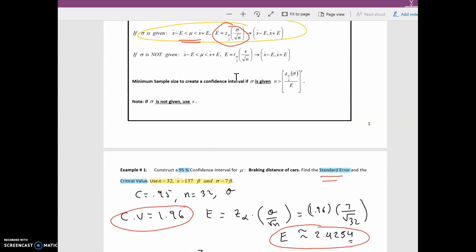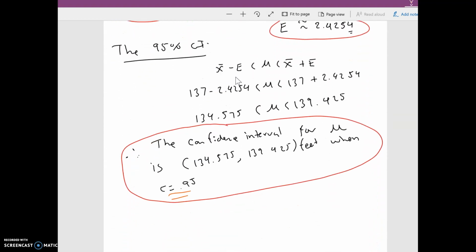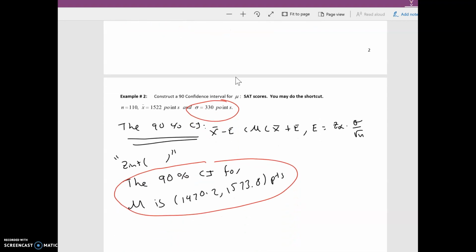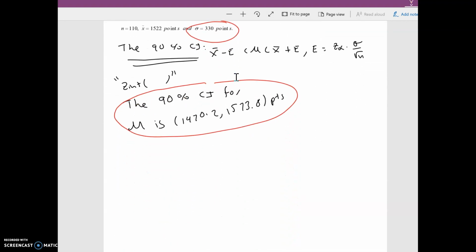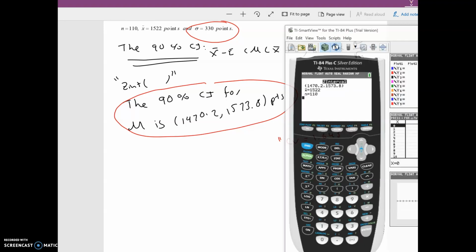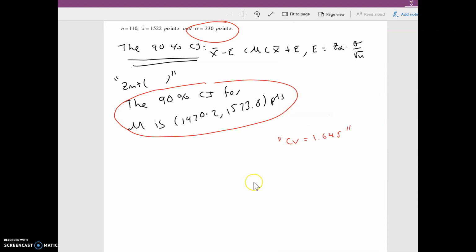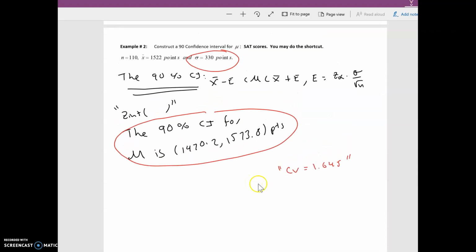So they're not asking for it, but if they did, it would be 1.645. So let me write it on the side: CV is equal to 1.645, only if they were to ask. But on some of the problems, you may just go directly to the shortcut on the calculator. And what the calculator is going to do is automatically evaluate the standard error.